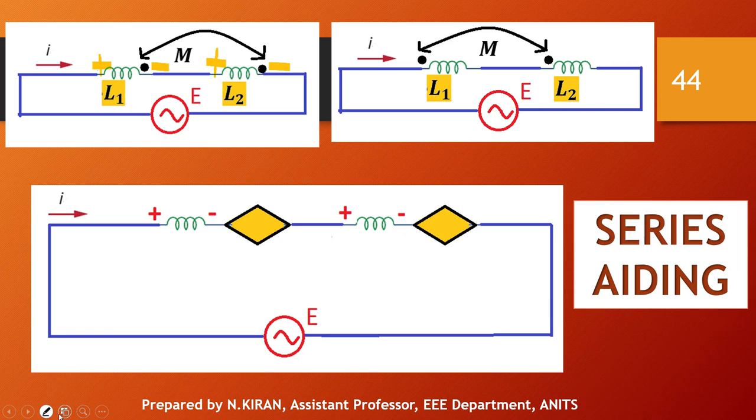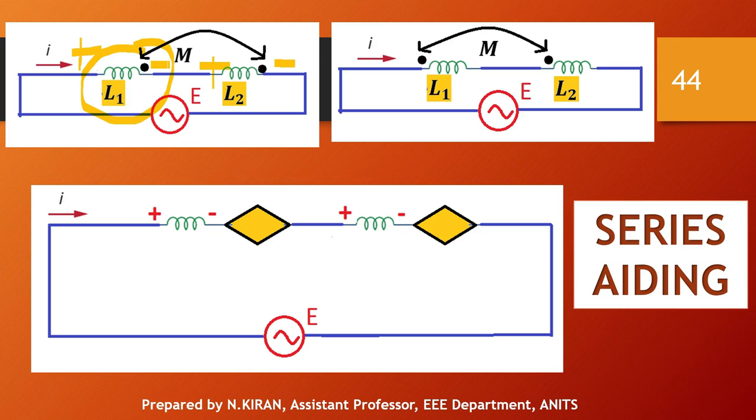The polarities of mutually induced EMF depend upon the dot rule. In the first coil, if I consider current entering at the undotted end, I will get positive at the undotted end of the second coil and negative at the other end. Similarly, the current is entering the undotted terminal in the second coil also, so I will get positive at the undotted end of the first coil and negative at the other end.